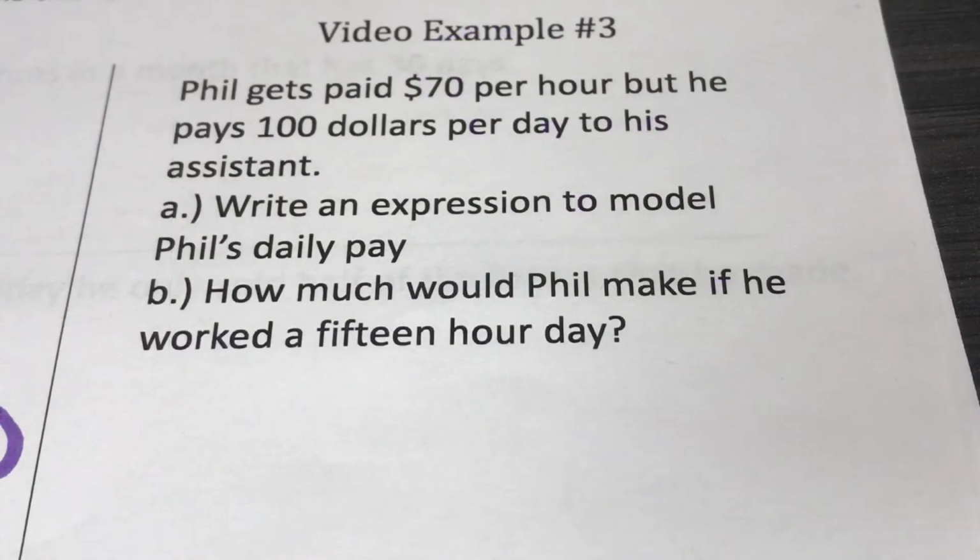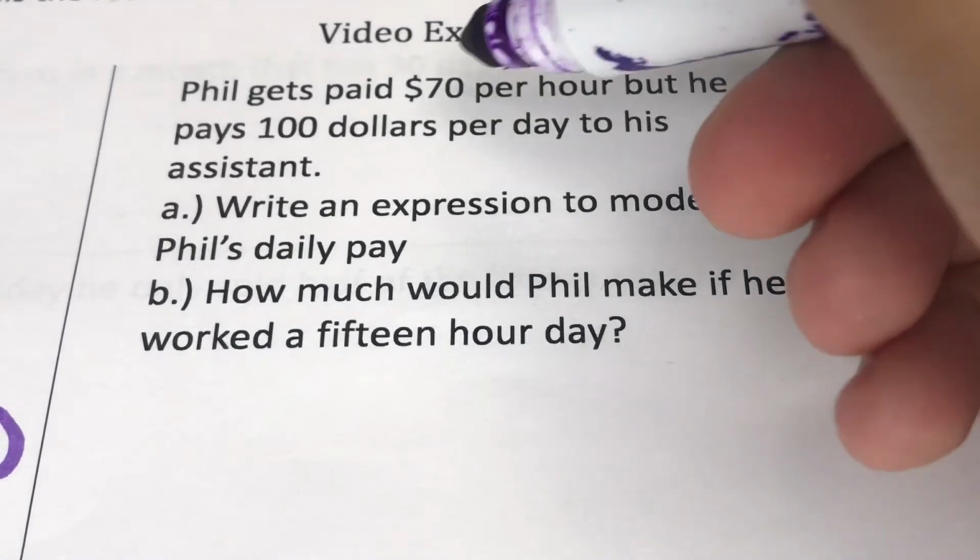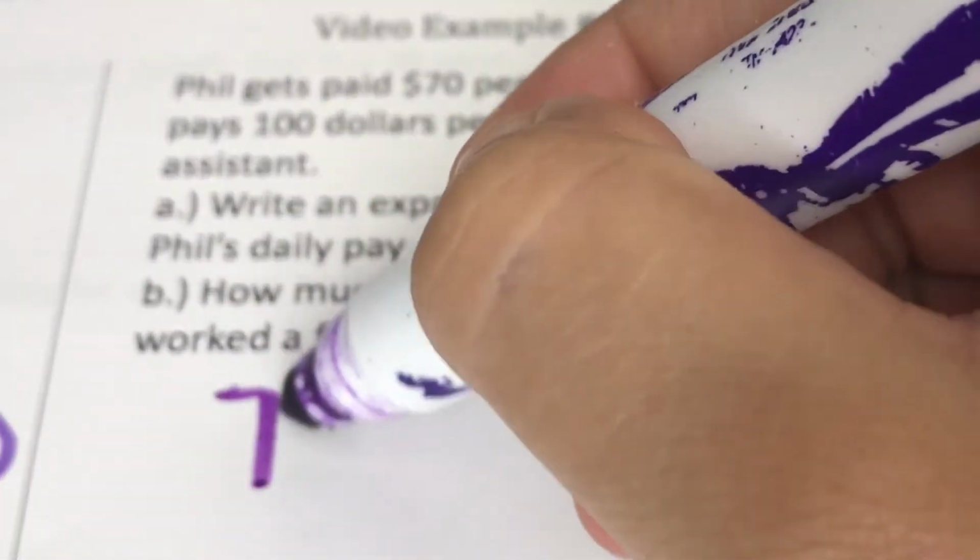Our last problem says, Phil gets paid $70 per hour, but he pays $100 per day to his assistant. So for part A, let's model Phil's daily pay. He gets paid $70 per hour.